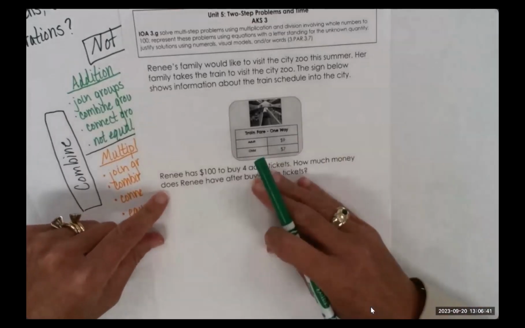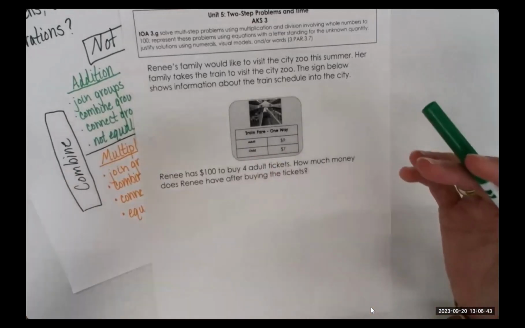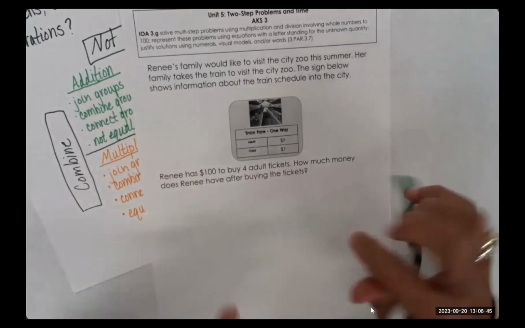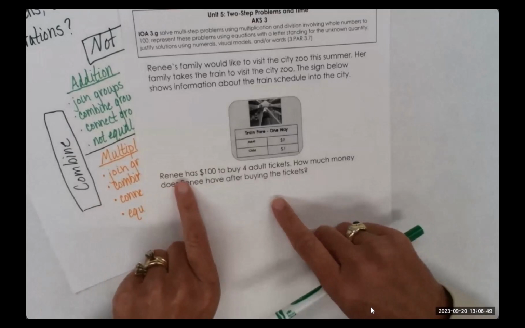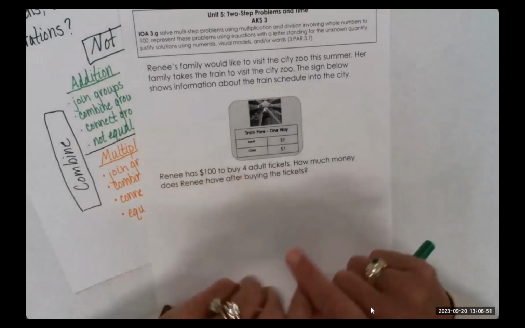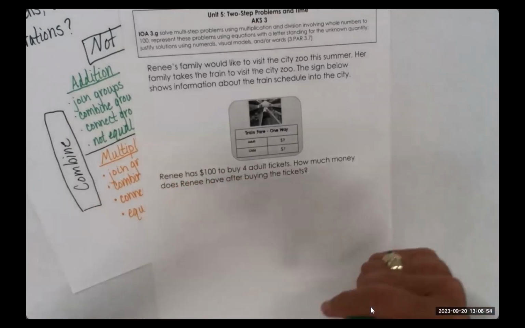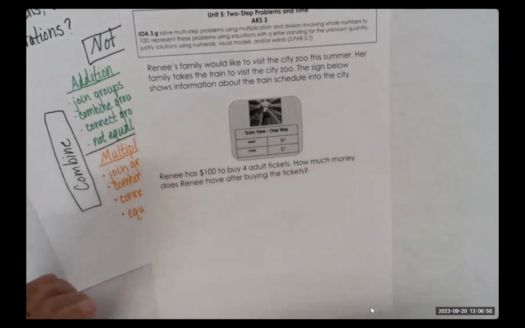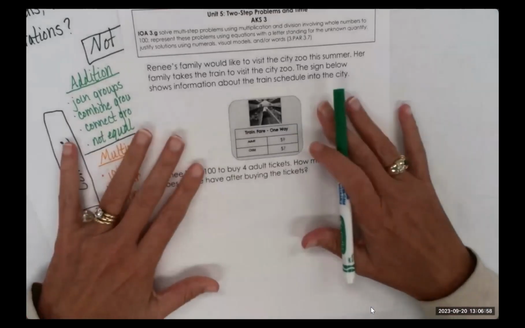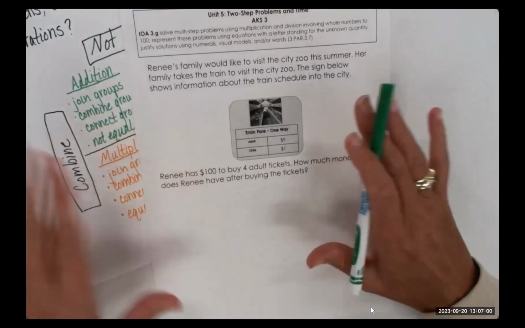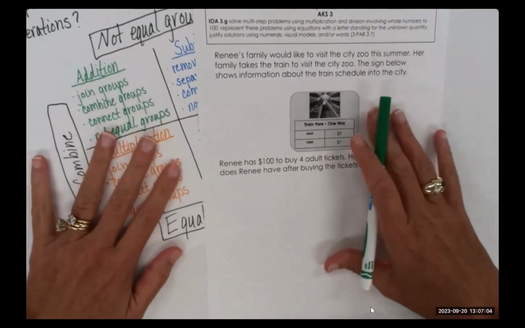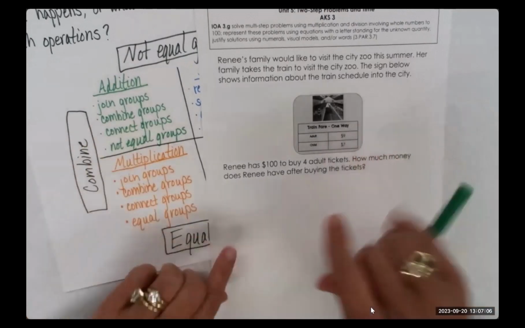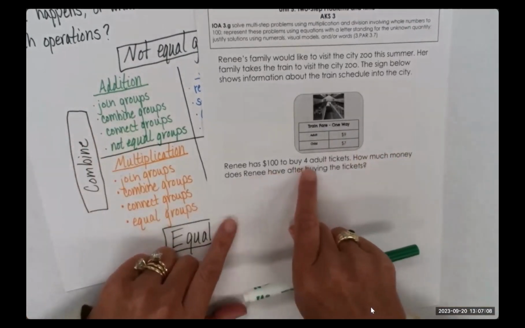Well, oftentimes your kids, they'll encounter struggles with problems because they just want to be what we call, quote, number grabbers. They will just grab the 2 numbers they see and add them because we like to add. It's easy to add instead of thinking through the actions that are actually happening here in our problem. But let's go ahead and think that through real quick using our operations chart here. So Renee has $100 to buy 4 adult tickets.